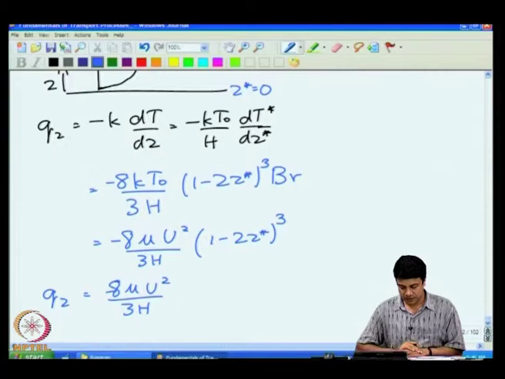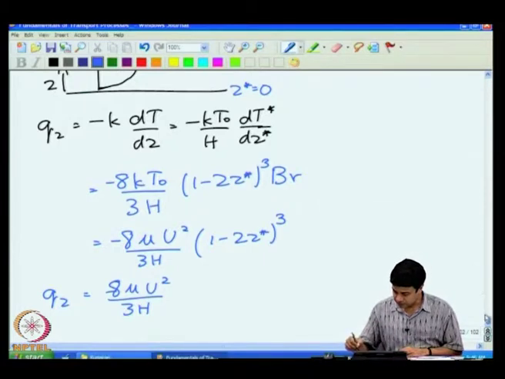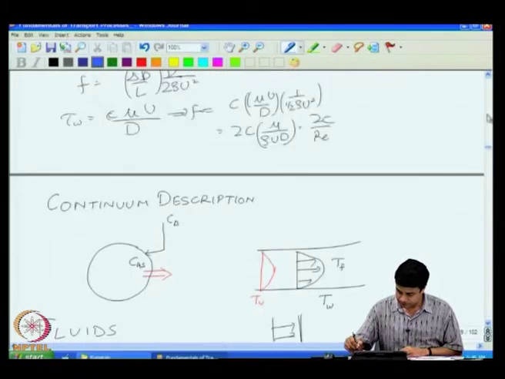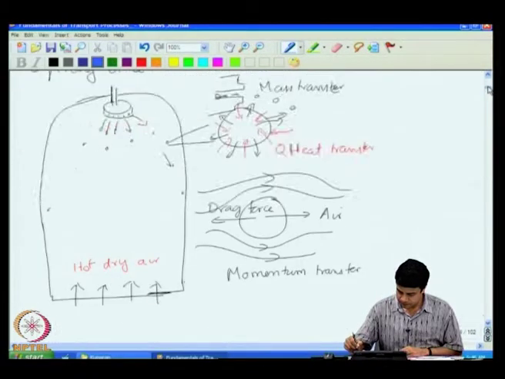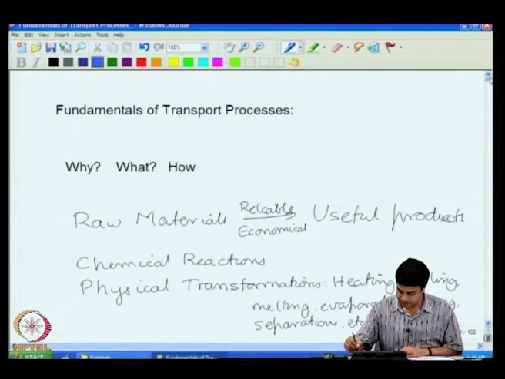This heat flux actually has relevance in the context of the heat exchanger problem that we had solved in the second or the third lecture. If you recall, we had solved this problem using dimensional analysis.